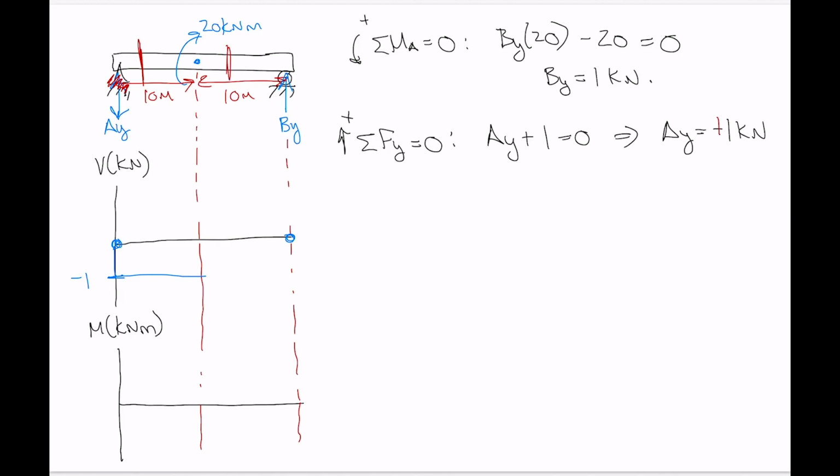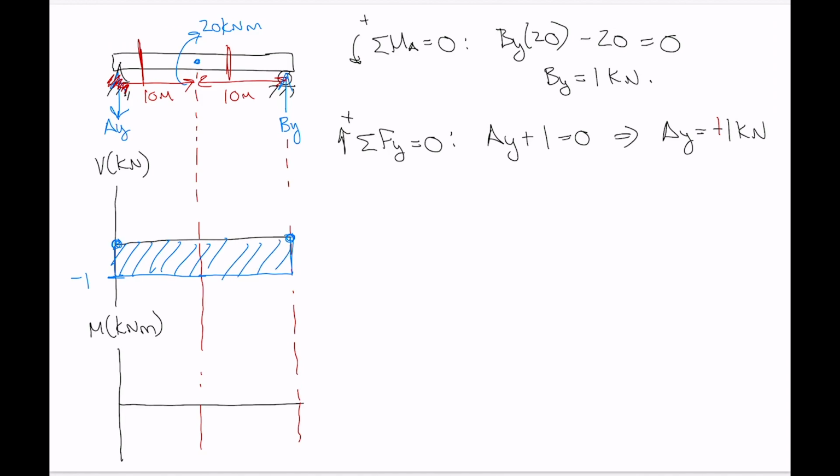Again, no distributed load, 0 distributed load, 0 slope. So let's keep going horizontally here. Okay, and then we get to BY. BY, an upward point load of 1, so we jump up from where we are by 1, that brings us back to 0. So good. We started at 0, we ended at 0.